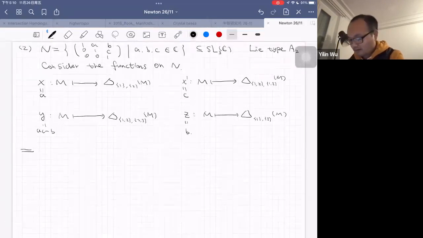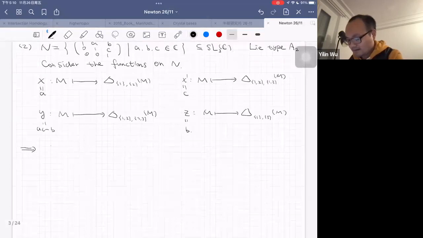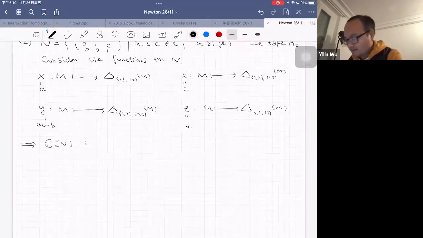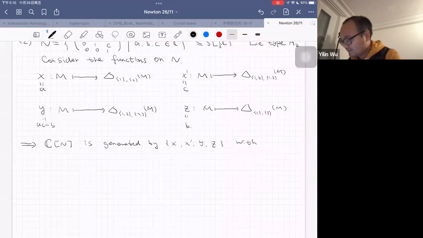So consider the 4 functions, then the coordinate ring of N is generated by these four functions, with relation x prime equal to y plus z.